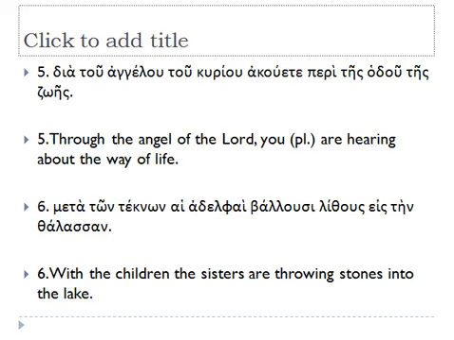Here we have dia followed by the genitive. Dia is another of those prepositions that will mean something different if it's followed by a noun in the genitive or the accusative. Here with the genitive it means through, as in agency, by means of the action of this entity.